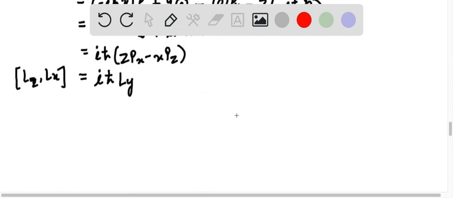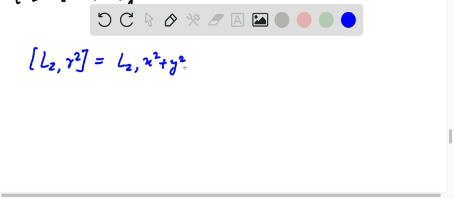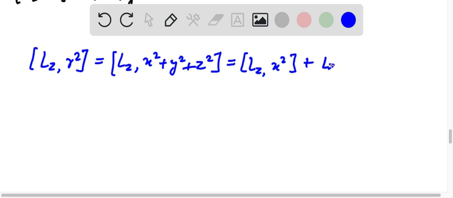Now the next part is Lz with r square. Let's find out Lz with r square. And r square is nothing but x square plus y square plus z square. Now we have to distribute this: Lz with x square plus Lz with y square plus Lz with z square.